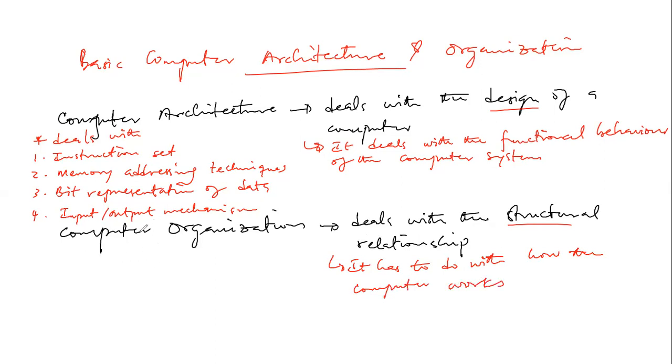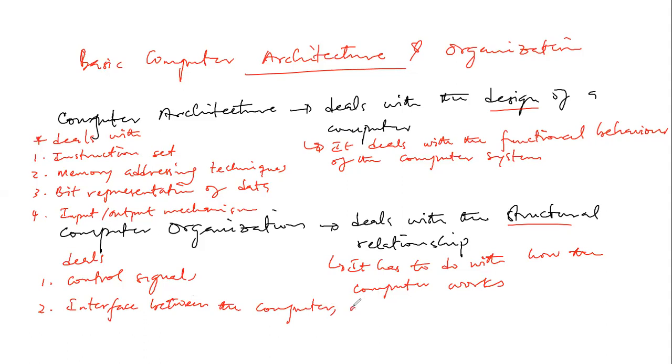So the organization deals with, say, one, control signals, okay? And two, the interface between the computer, memory, and peripherals, okay? So those are the things we get to talk about when we have to talk about the organization.